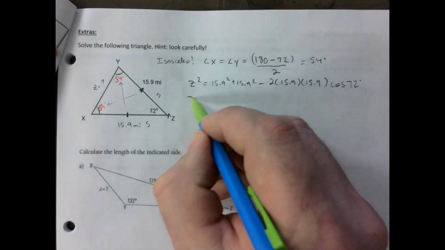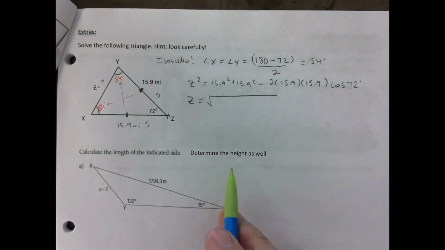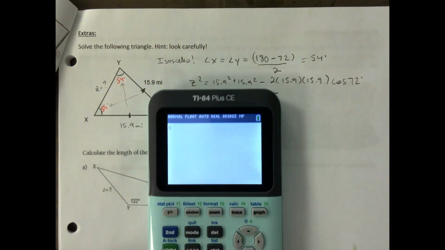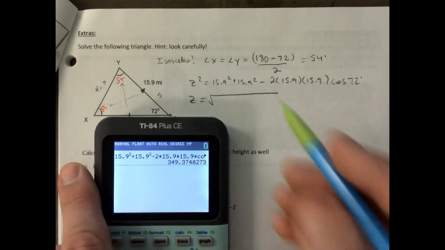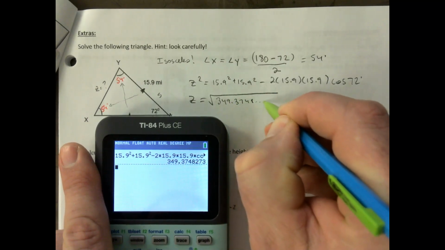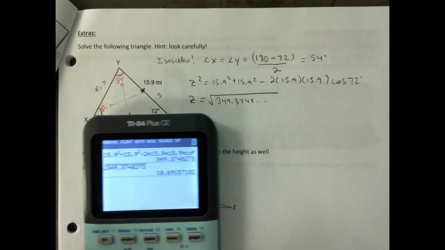So Z is going to be the square root of all of that. Sorry, I used sine law on mine. So I'm going to go 15.9 squared plus 15.9 squared minus 2... that's 349.3748 something. I take the square root of that. Don't erase it if you use sine law, okay? This is fine. 18.69.